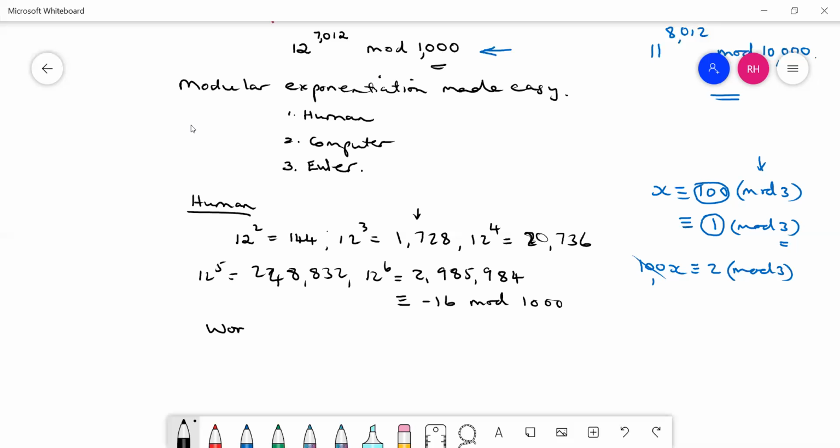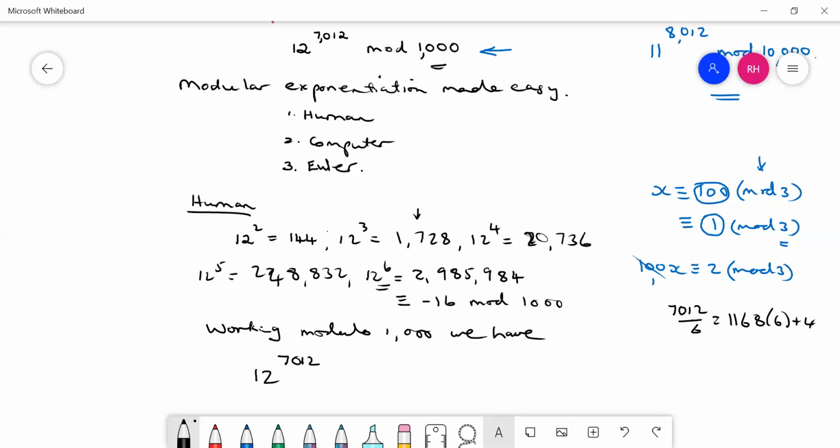Rather than having to write modulo 1,000 all the time, working modulo 1,000, what I've got to do is 12 to the 7012. Now, this 12 to the 6 is what I want to use. So if I go 7012 divided by 6, what do I get? I get 1168, plus a remainder of 4.